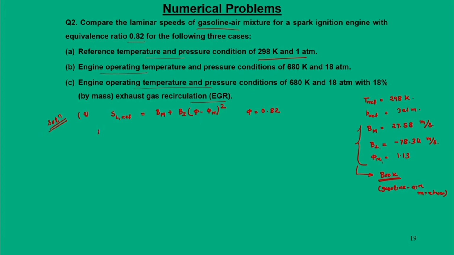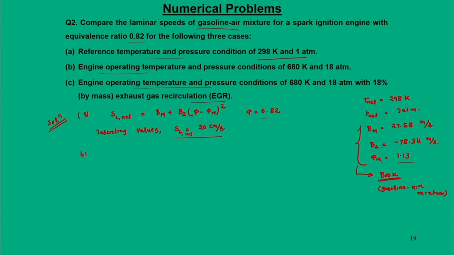So, inserting the values, we can directly get SL as 20 centimeter per second. Okay. B2 is given, Bm is given, phi is 0.82, phi m is 1.13. So, we get SL reference.